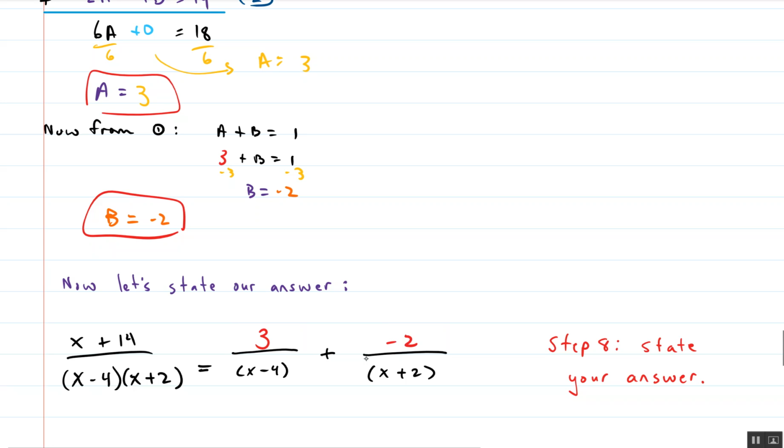The only difference is here I have the negative with the 2, but notice I could put the negative out front, and this could be negative here, and this could be a positive here. Either way is okay. But this is your answer.